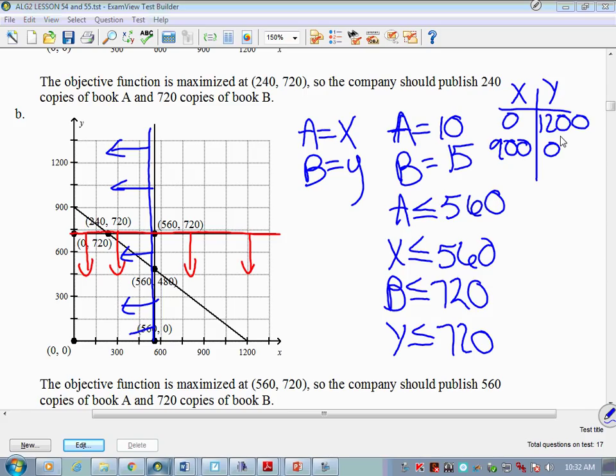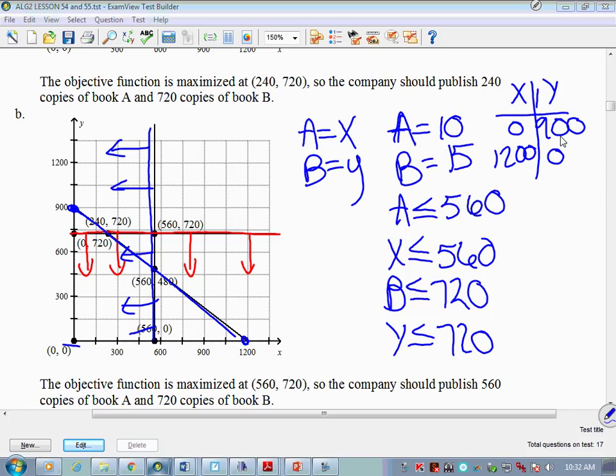It was the other way around. Oh, you messed me up. Okay, we'll fix it. All right, 0, 900, 1,200, 0. So we want to go up to 900. Notice that that's right there. We want to go across here to 1,200. Notice that that line is right there.